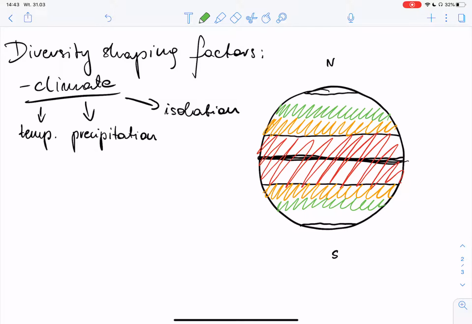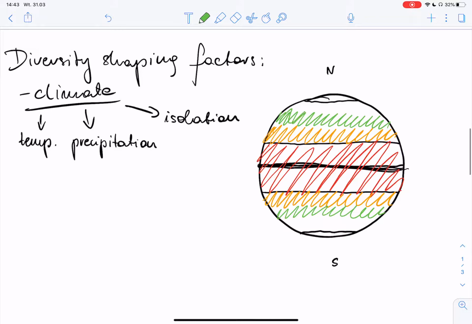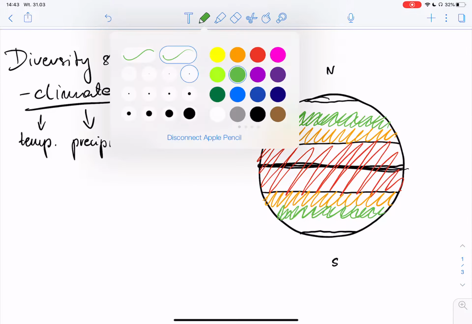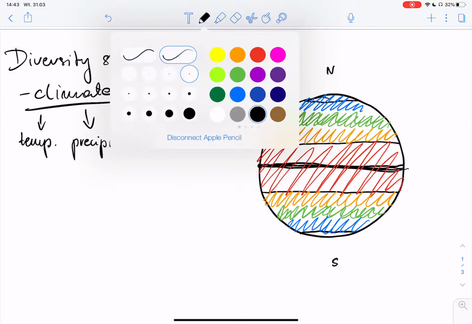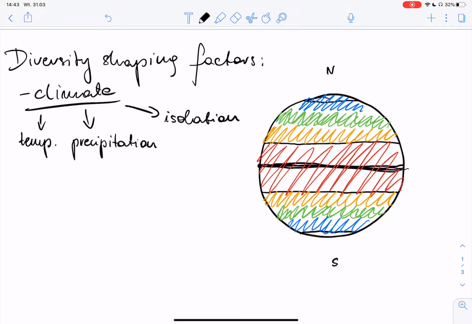And in this green stripe we have the moderate climate zone, more or less, and this is the place where also the diversity is moderate.